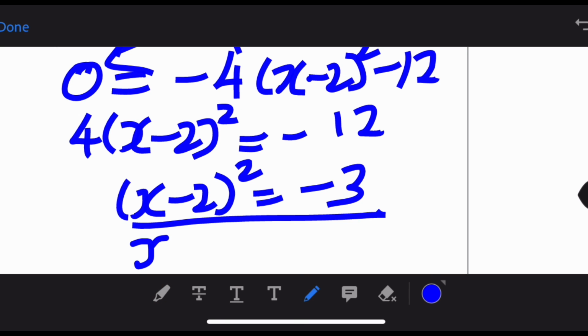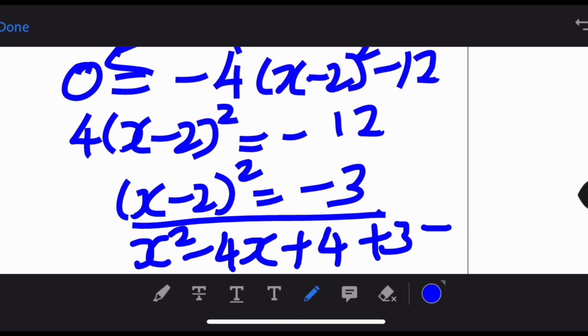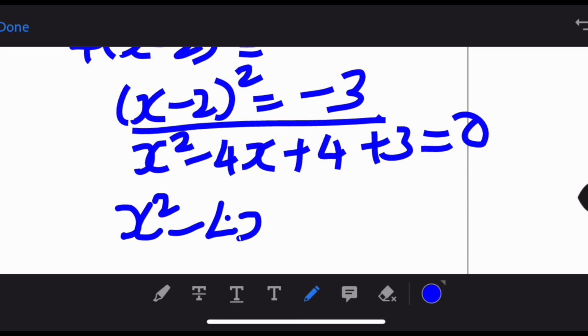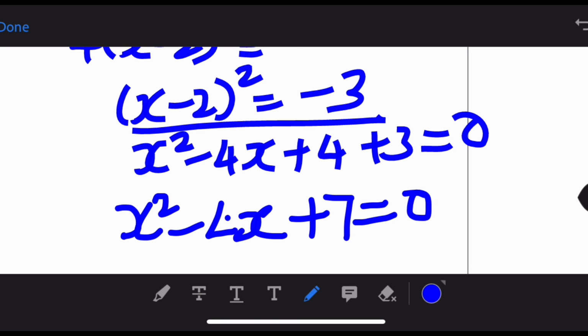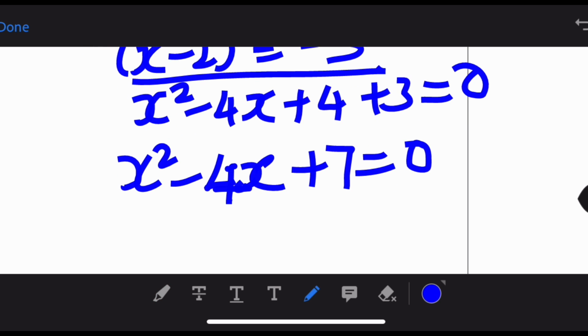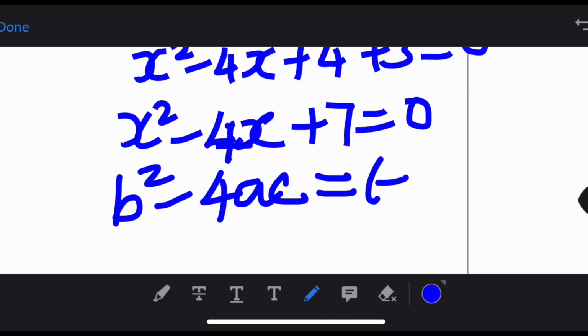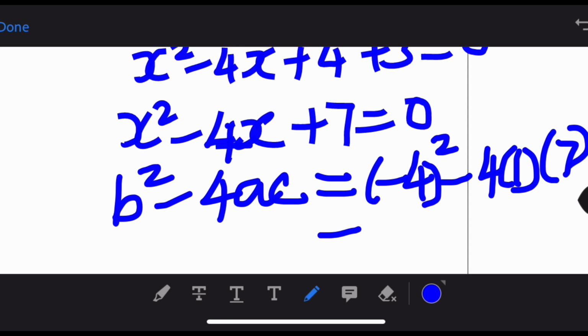So you can just show that expand, then plus 3, and to show there are no roots, use b squared minus 4ac. Show to the people that you are having b squared minus 4ac that will be less than 0. So negative 4 is b, minus 4 times 1 times 7. So I'm sure you get one figure which is negative, right?